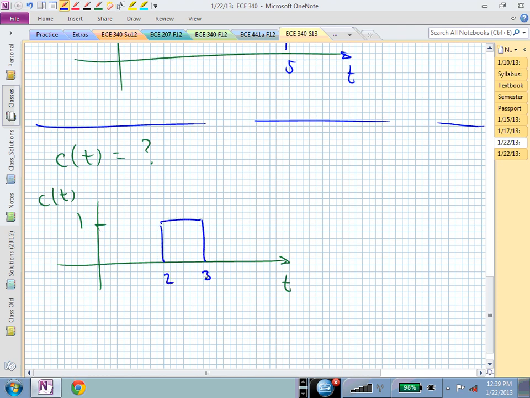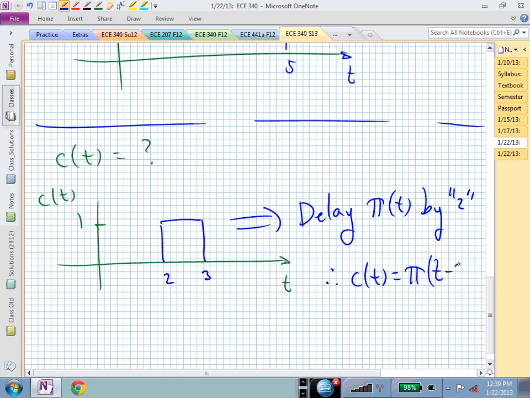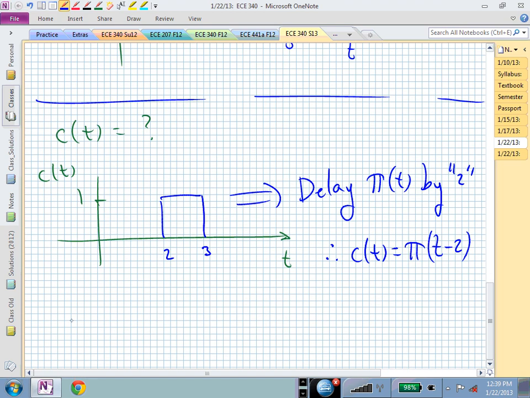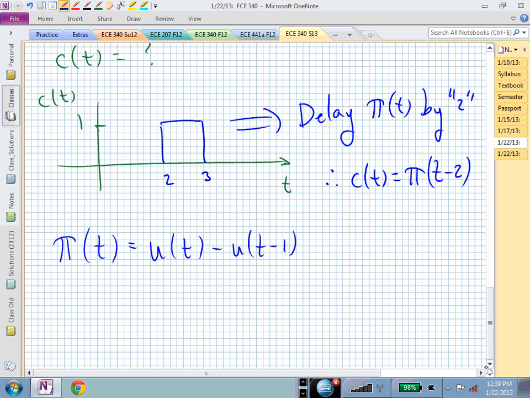and as long as it's delayed, we now have a delay of pi of t by this value of 2, which allows us to re-express c of t as pi of t minus 2. If we plug that into the definition, it should give us the same result in terms of unit steps.